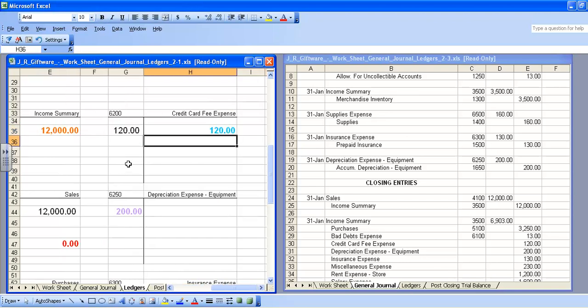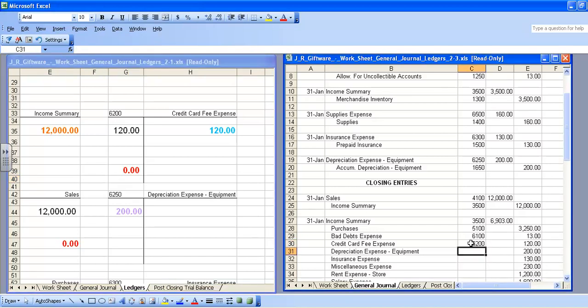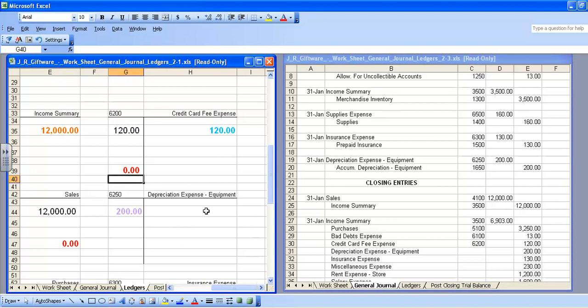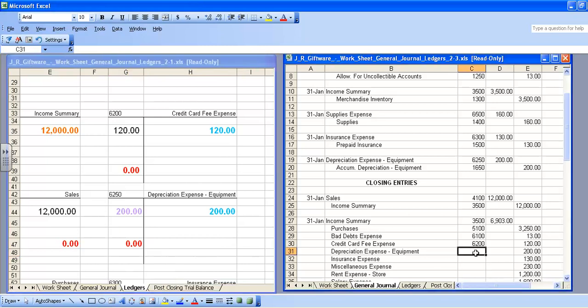We have credit card fee expense and the balance is going to be 0. And we have the amount. Oops, 6250.